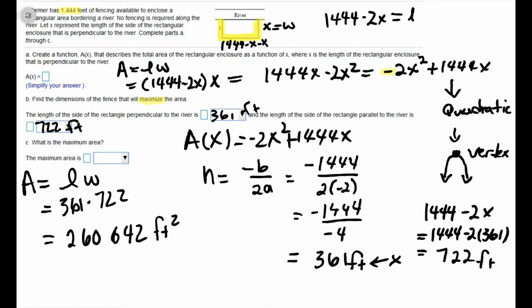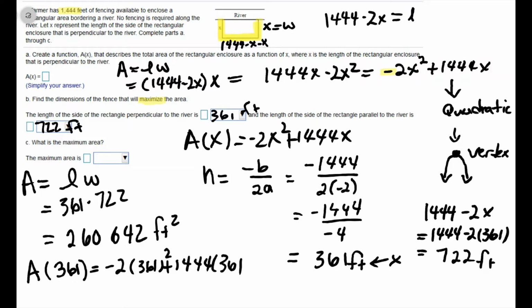Or alternatively, you could also substitute 361 into that area function. And you should get the same value of the 260,642 square feet.